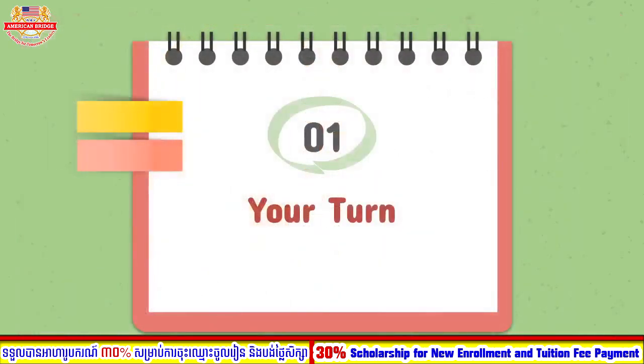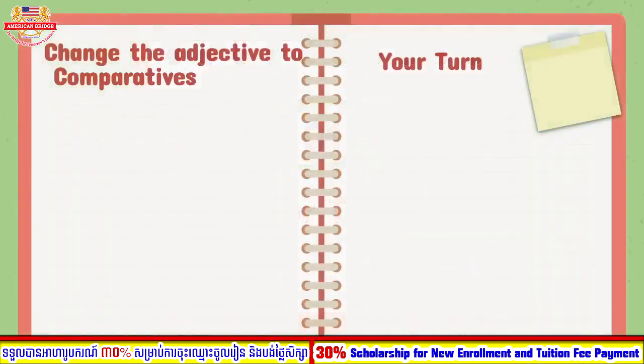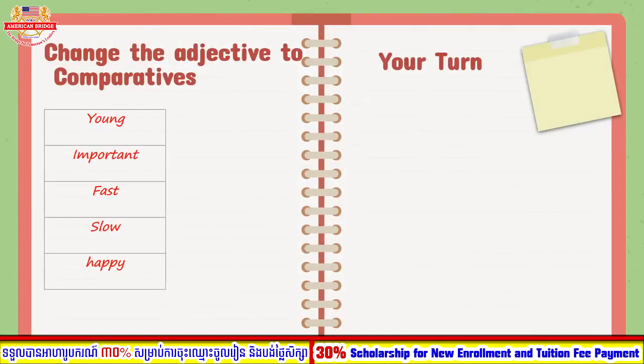The next one is your turn, right? You need to practice this one and write it down into your notebook. Our practice for today is to change the adjective to comparative. We have young, important, fast, slow, and happy. As you know, when you use comparatives, you add er if the adjective has one syllable.